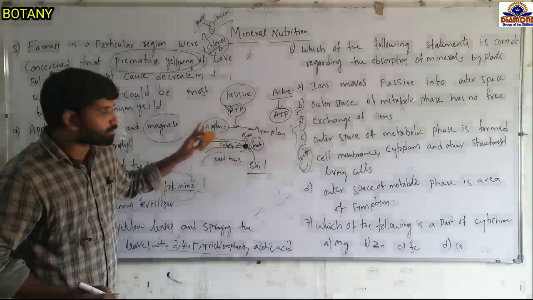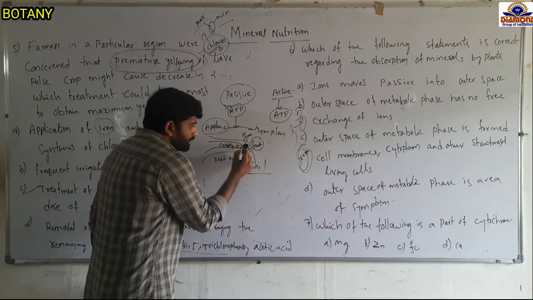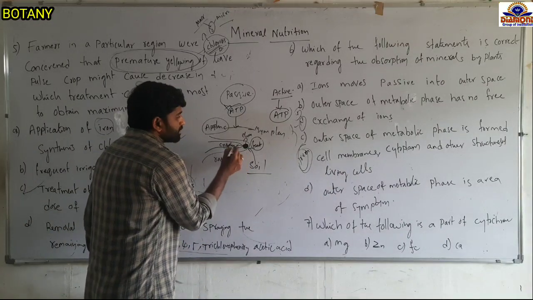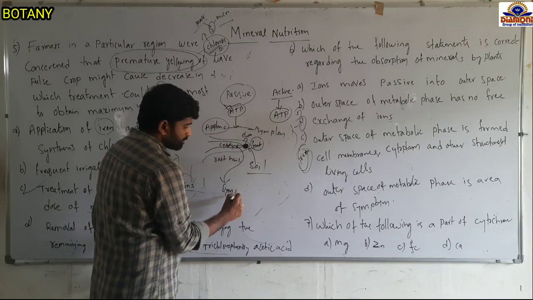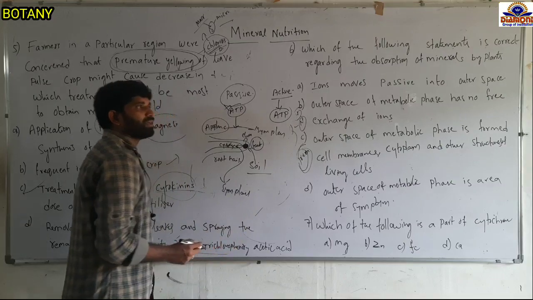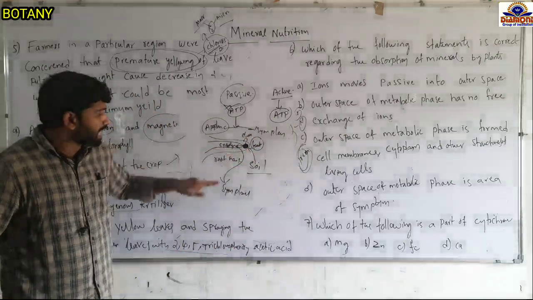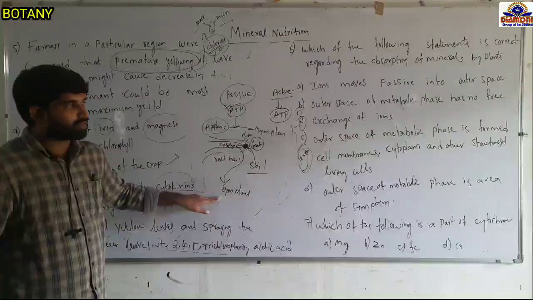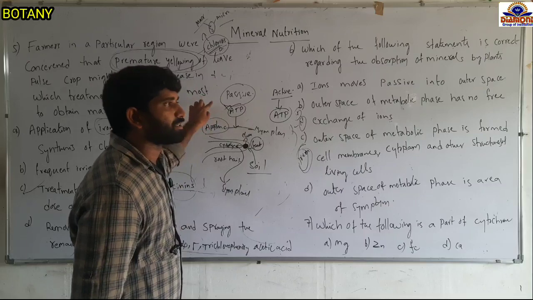Here special types of proteins are involved. This type of movement of elements from the intercellular spaces into the cytoplasm of a cell is called symplast. Apoplast and symplast. The apoplast process is faster than the symplast mechanism. This is the passive absorption of elements; ATP energy is not utilized.